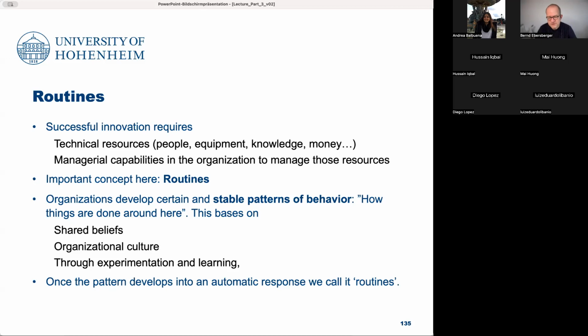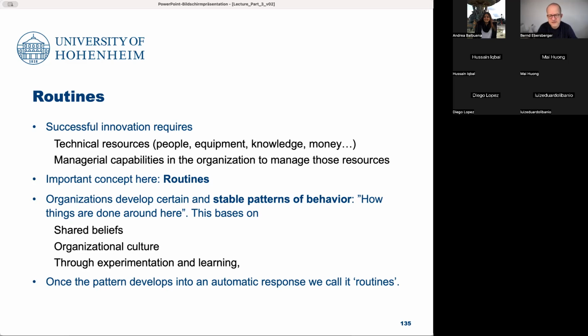And of course, they also base on shared beliefs, on shared ideas, what the company is, what the company should do, etc. And typically these routines sometimes are sort of automatic responses to some triggers. So a routine would be if a customer comes and says, I have an idea, you could do this.